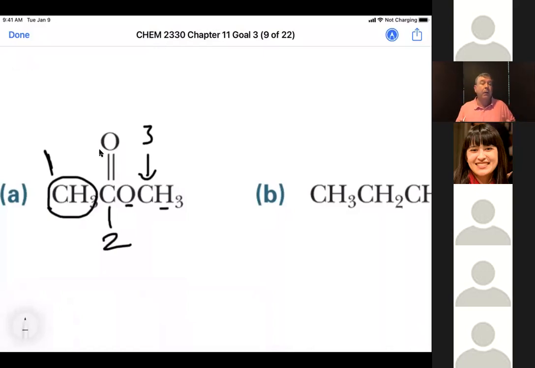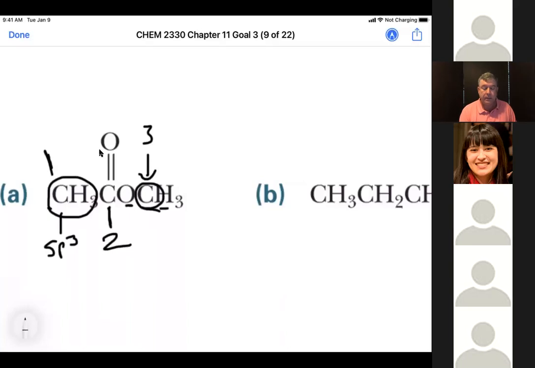Now let's predict the position based on where they are and what's attached to them. This is an sp3 hybridized carbon without an electronegative atom. This is an sp3 carbon with an electronegative atom, and this is a carbonyl.